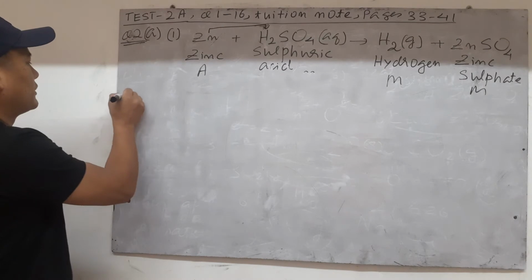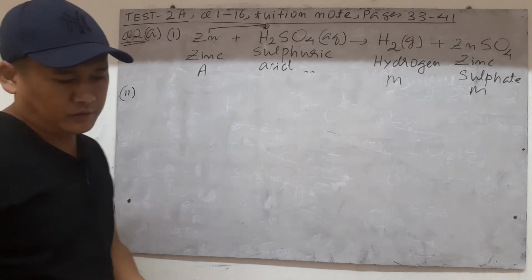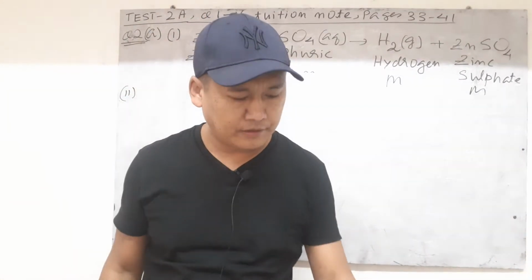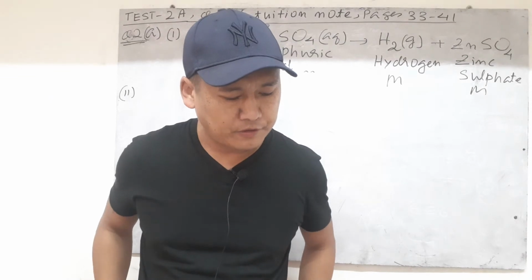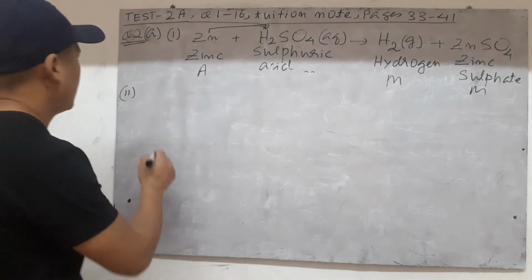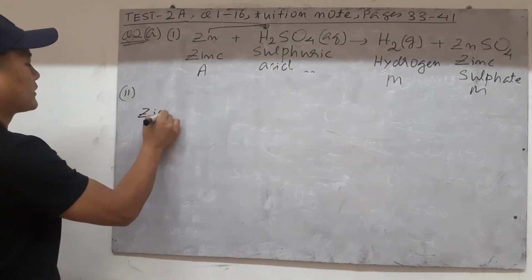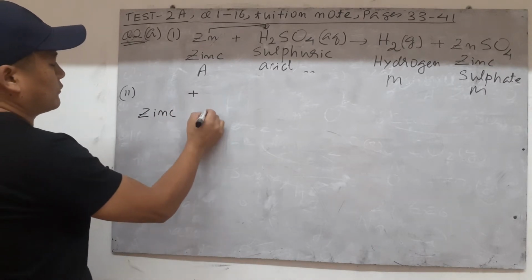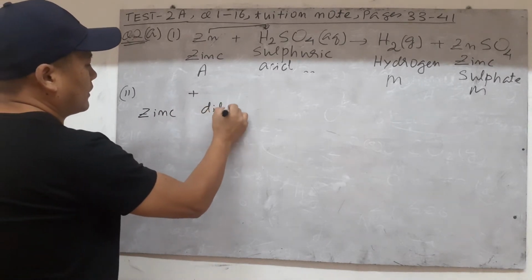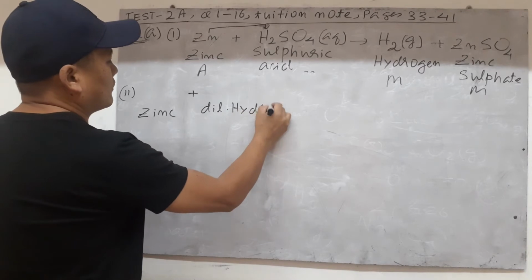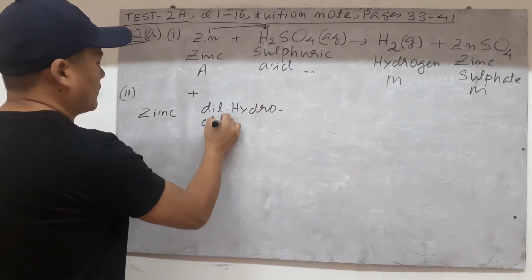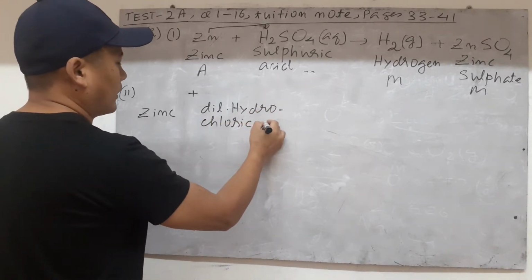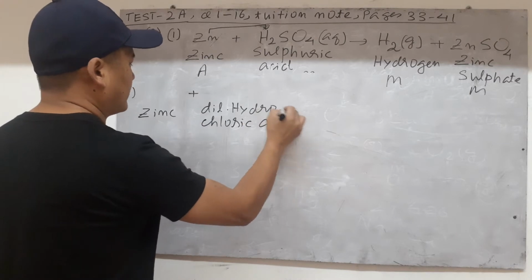So second one, number 2. Look into your question paper. Reaction, the top A, reaction of zinc with number 2, dilute hydrochloric acid. So zinc now reacts here, plus, with dilute hydrochloric acid.